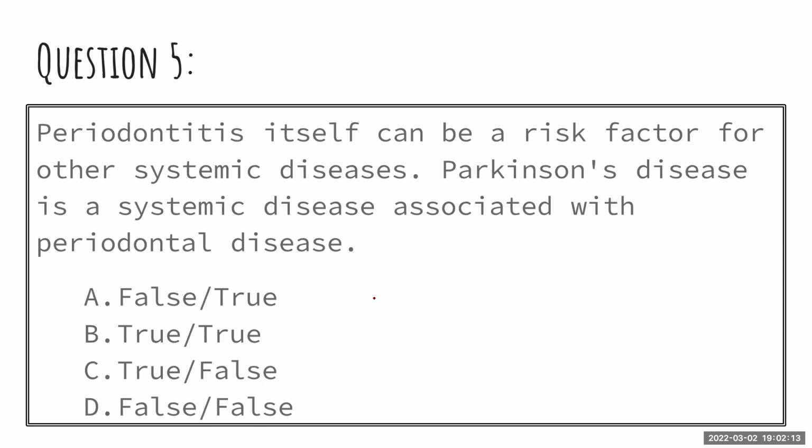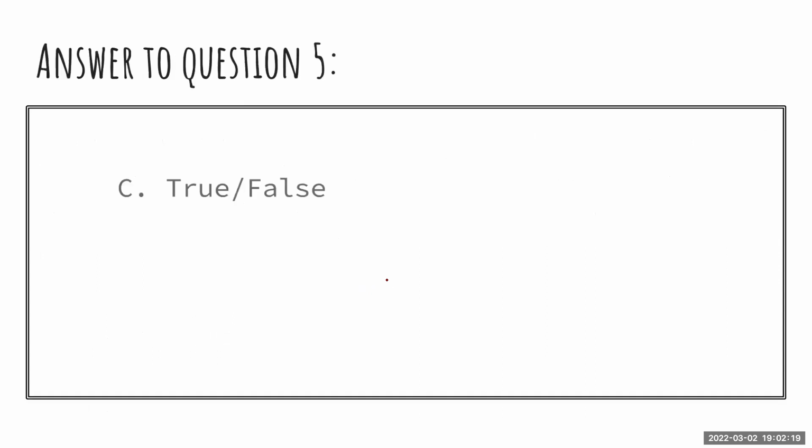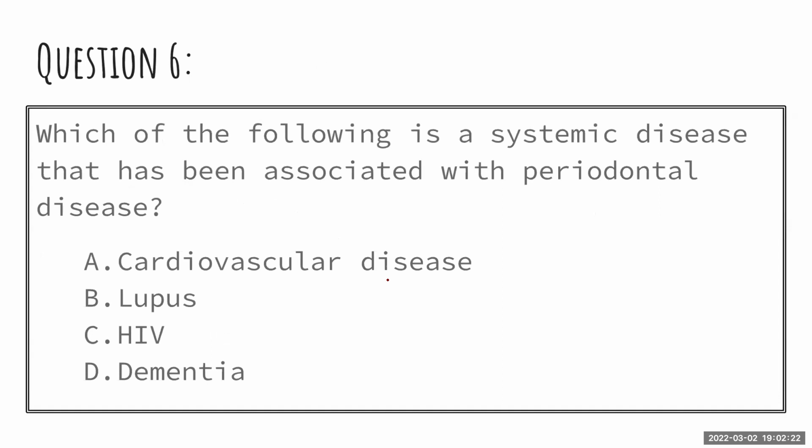It's the patient's lack of oral hygiene and some of the medications that they're on. Which of the following is a systemic disease that's been associated with periodontal disease? Systemic disease. A.